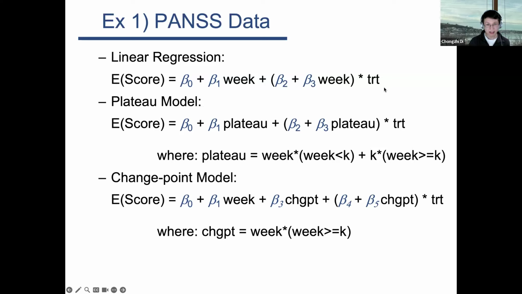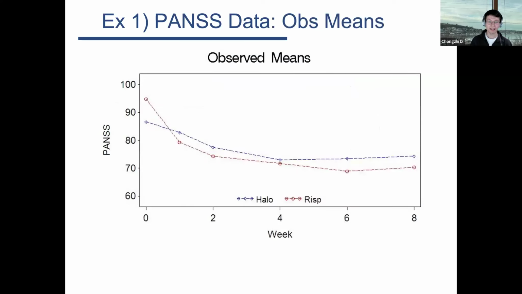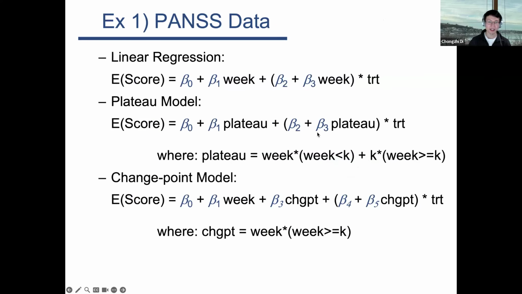And then some of you, if you look at the figure, might notice that the linear model is probably not very bad, but the slope appears pretty steep in the beginning and plateaus maybe after 4 weeks, right? If you want a model to reflect this type of trend, you could have a plateau model.